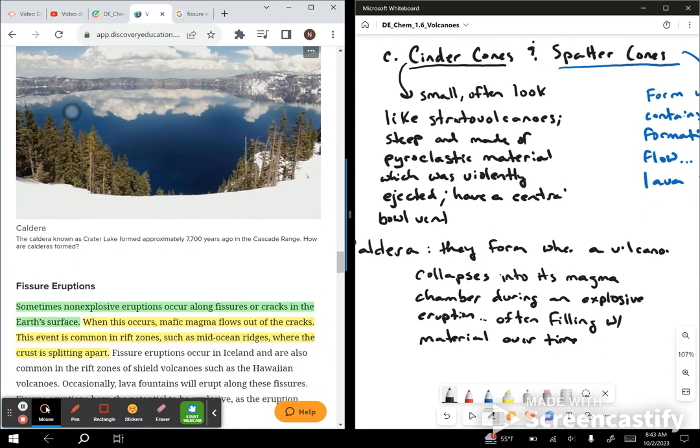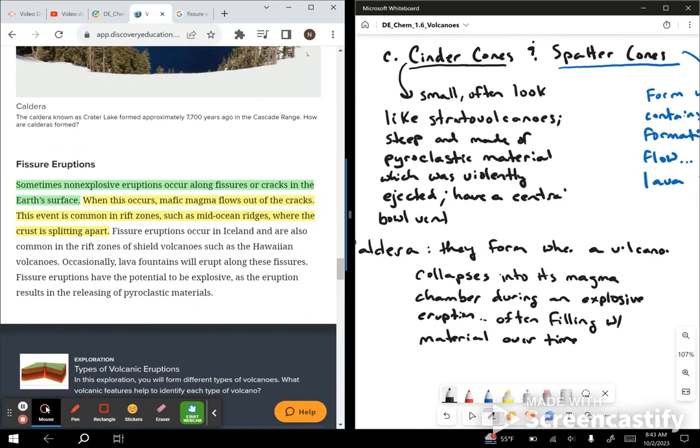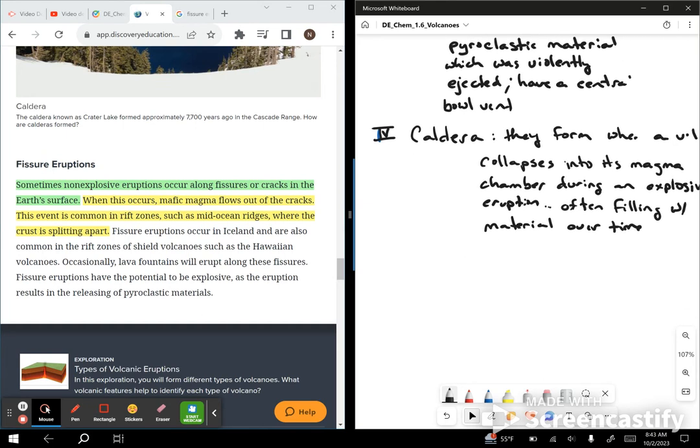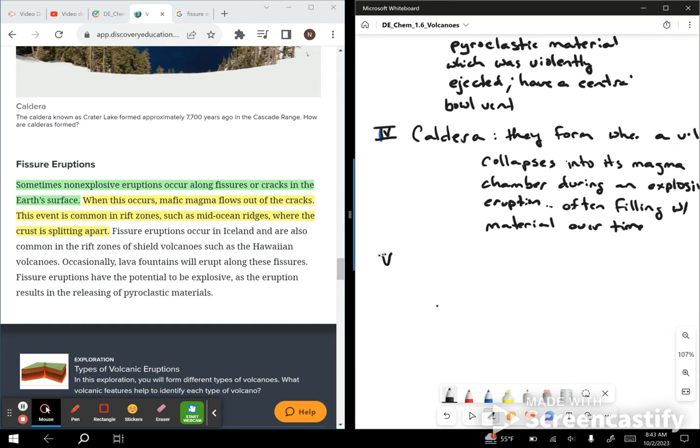Okay. And finally, the last thing that we need to talk about is something that looks, performs like a volcano, but is not a volcano. And these are called your fissure eruptions. Roman numeral 5. Fissure eruptions.